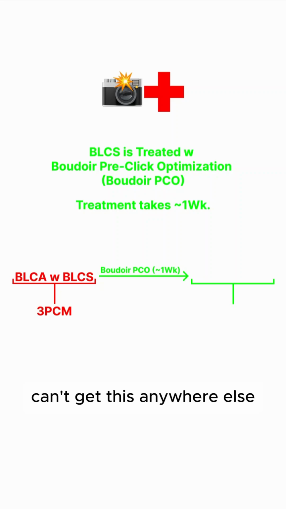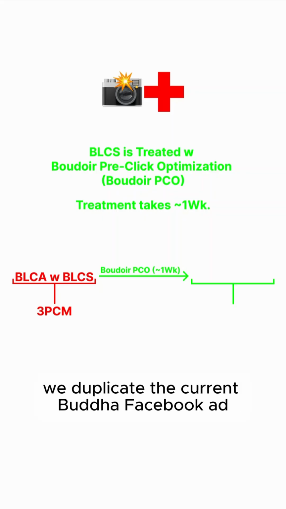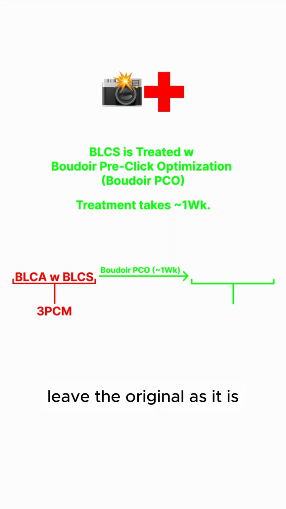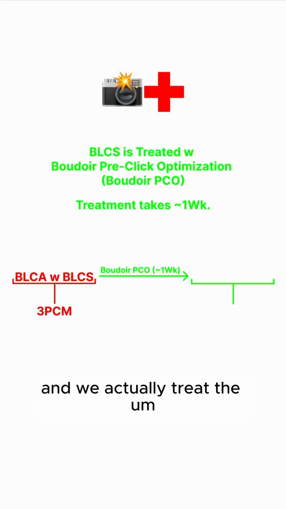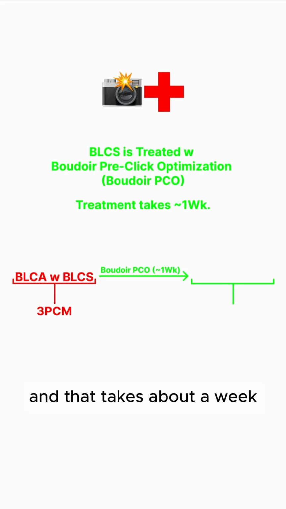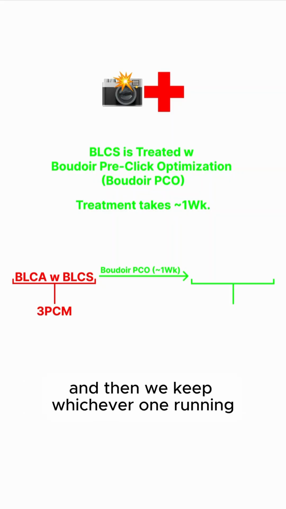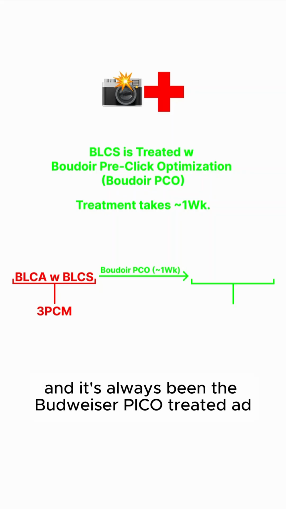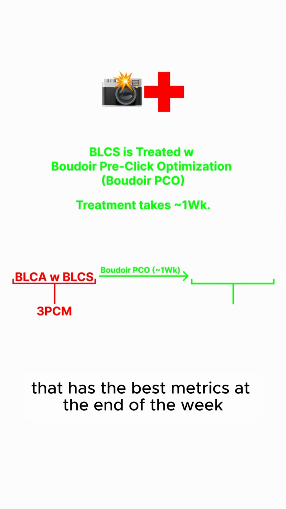You can't get this anywhere else from anyone else in the universe. What we do is duplicate the current Boudoir Facebook ad, leave the original as it is, and treat the duplicated ad. That takes about a week, and then we keep whichever one has the best metrics running. And it's always been the Boudoir Pico treated ad that has the best metrics at the end of a week.